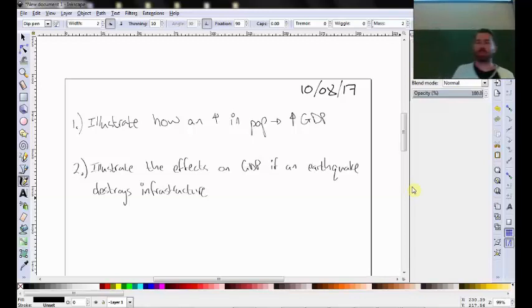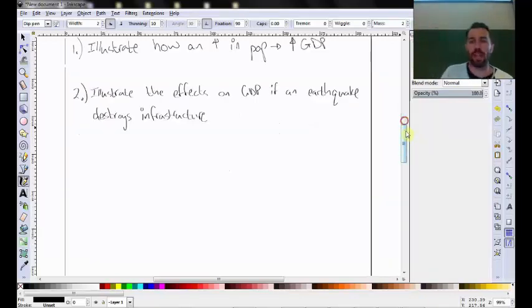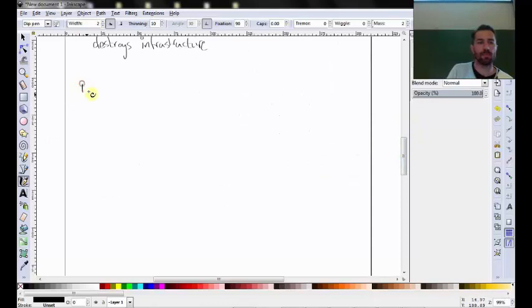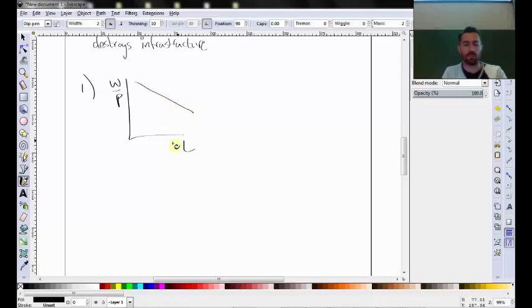So everyone seems to be pretty clued up and pretty comfortable with what is happening for number one. We just have our labor market plotting real wage against quantity of labor. We have our labor demand. We have our labor supply.